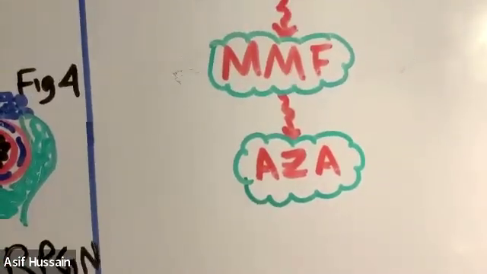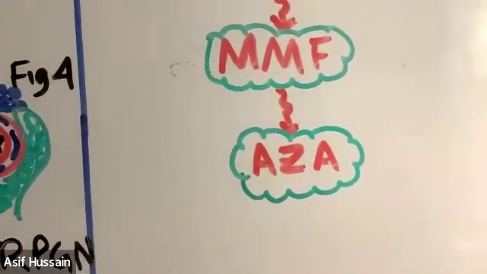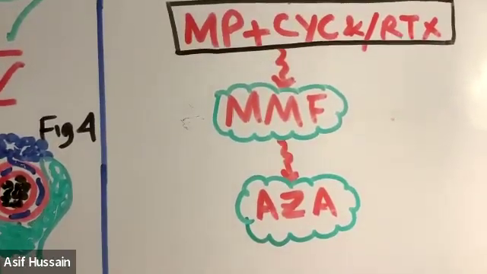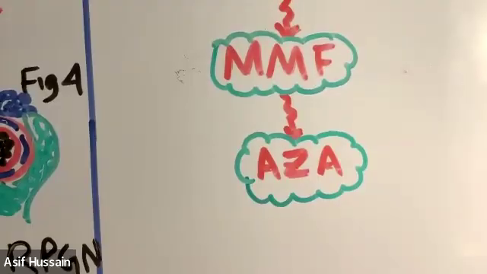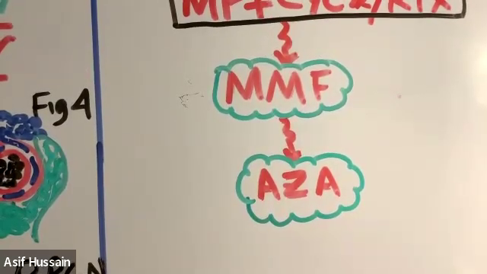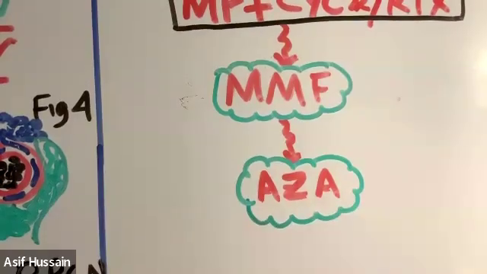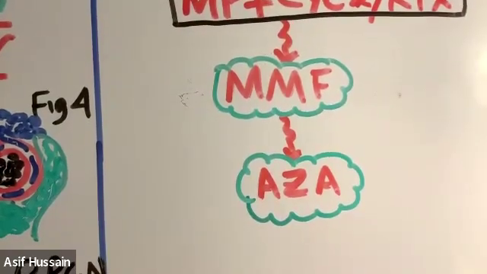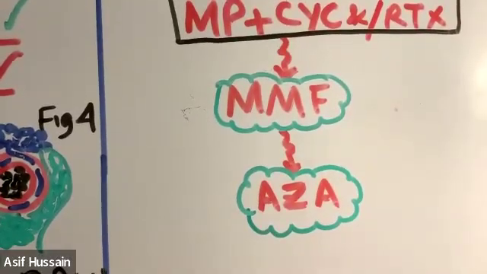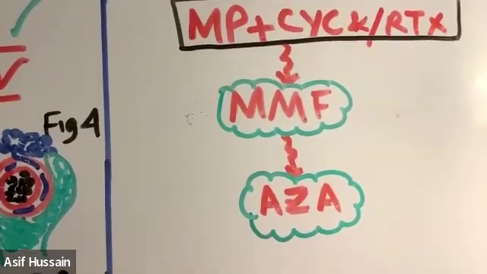And for step down therapy, the option is MMF, which is mycophenolate. Mycophenolate mofetil is not as strong as cyclophosphamide or rituximab, but it's quite strong. It's stronger than azathioprine. In cases with not very severe disease which doesn't need cyclophosphamide, rituximab or methylprednisolone, for example stage 2 disease or moderate stage 3 or moderate stage 4 disease, we can start therapy directly with mycophenolate rather than subjecting them to the more toxic drugs such as cyclophosphamide and rituximab.